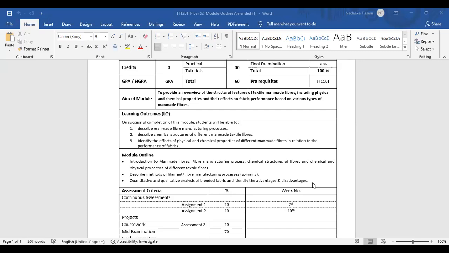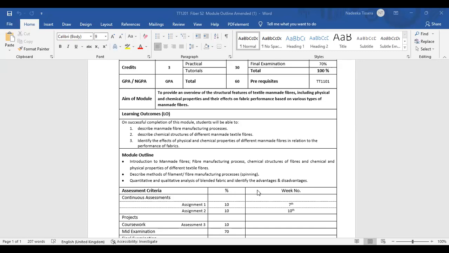Then we will talk about why people blend different fibers to make fabrics. That could also be discussed under this module. I hope the learning outcome as well as the module outline is clear to you.